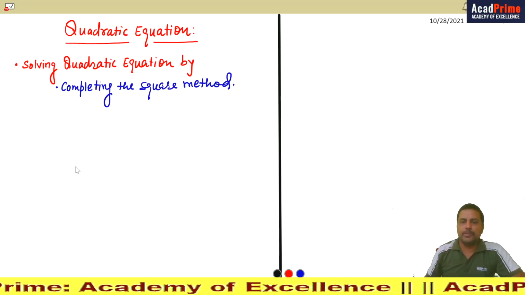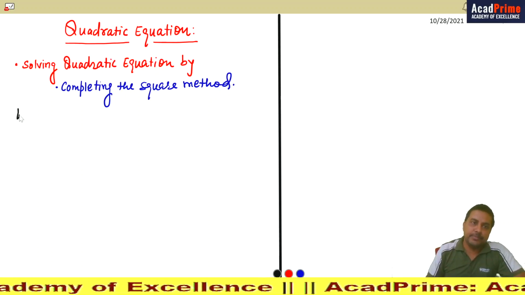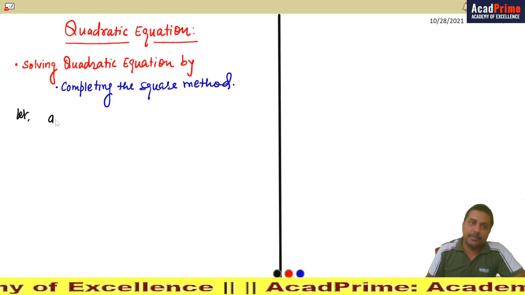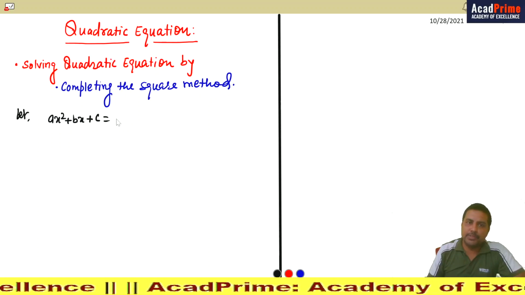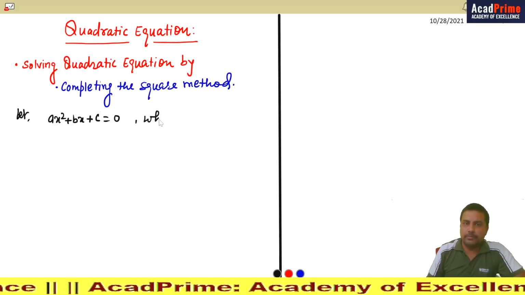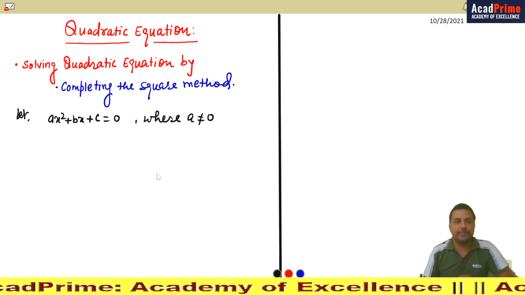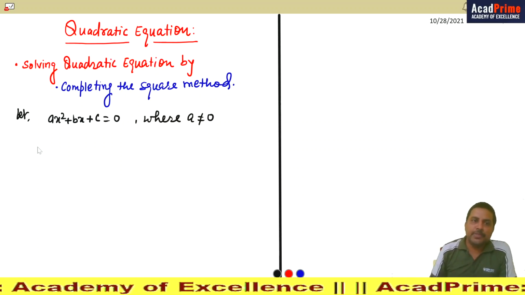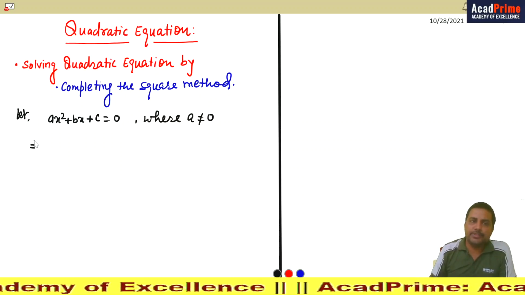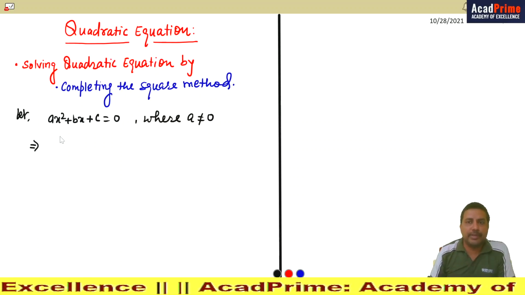Let us suppose you have been given a general expression of the quadratic equation. Let ax square plus bx plus c equals to 0, where a is not equals to 0, is a quadratic equation. All right, and we have to find the solution of this x. So I'm just dividing it throughout by a just to make this coefficient of x square equals to 1.